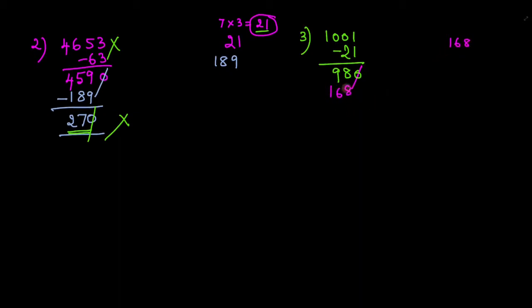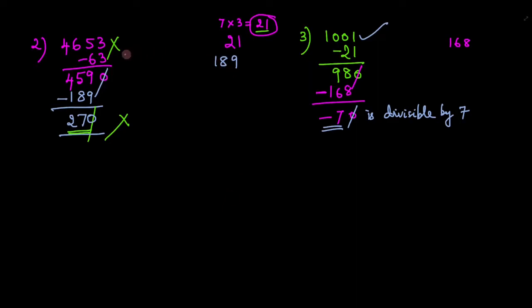So we subtract 168 from 98. We get 0 here, and 16 minus 9 is 7, so minus 70. Discard this last 0, we get minus 7. Minus 7 is divisible by 7. So 1001 is divisible by 7.